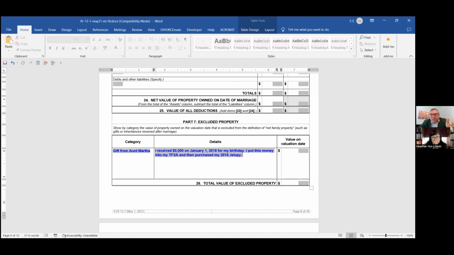And then you purchase the jalopy, and here's the value on valuation date of the exclusion: $2,000. The key, though, is that it exists up above in the property at valuation date.